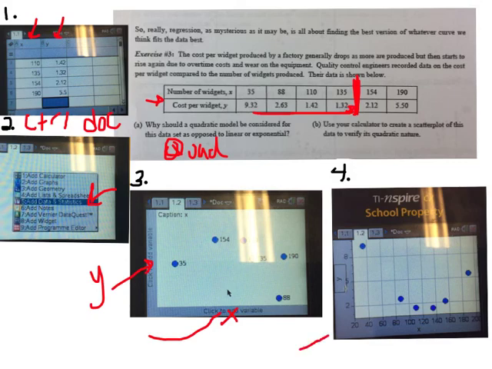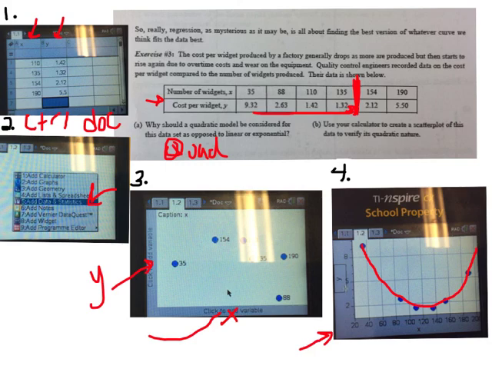The default in your calculator and the only option is to create a scatter plot because we're working with bivariate data, don't forget. So the only type of plot that you can create using bivariate data is a scatter plot. Once you have that scatter plot created, you should recognize that that is a quadratic regression.